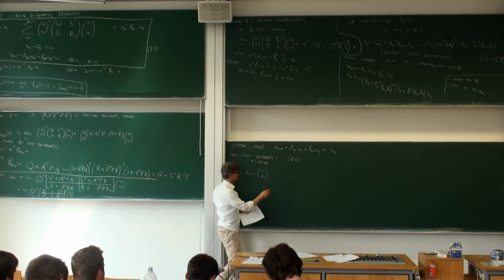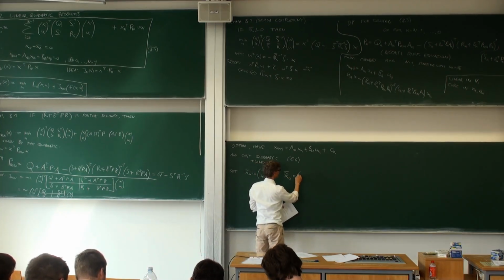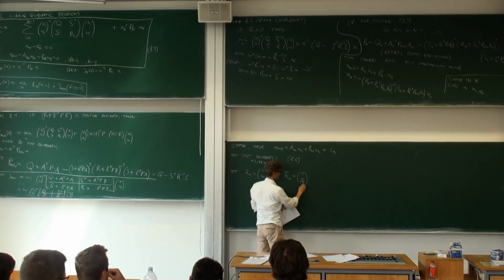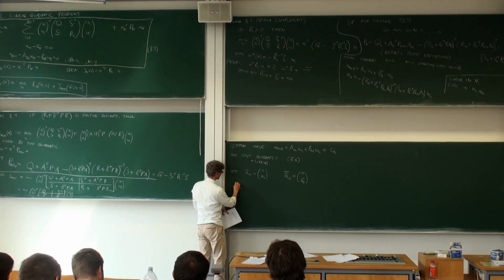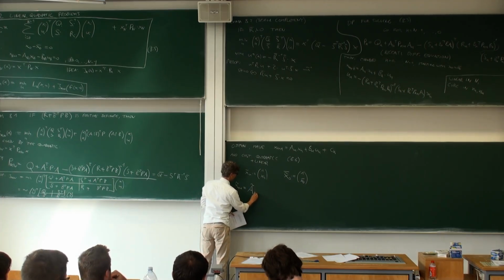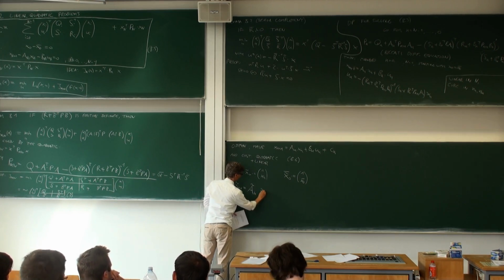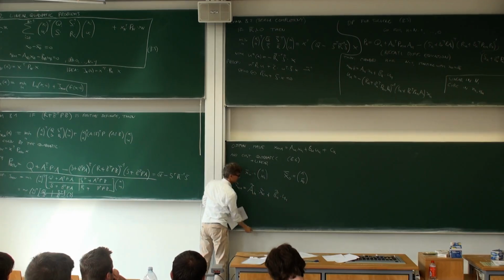And you have an initial condition that says x tilde bar 0 is defined to be 1 and x0 bar, the initial value. And your system dynamics will just be given by x tilde_{k+1} = A tilde_k x tilde_k plus B tilde_k u_k. Now the u_k isn't changed.